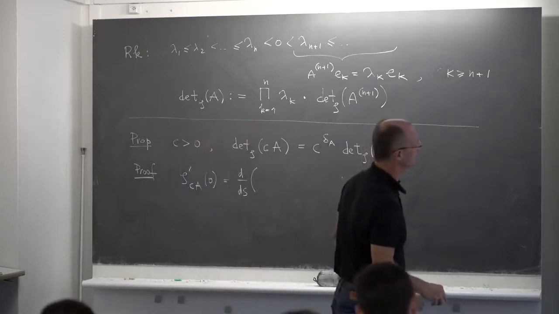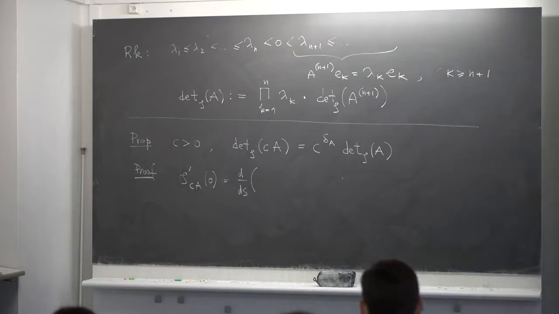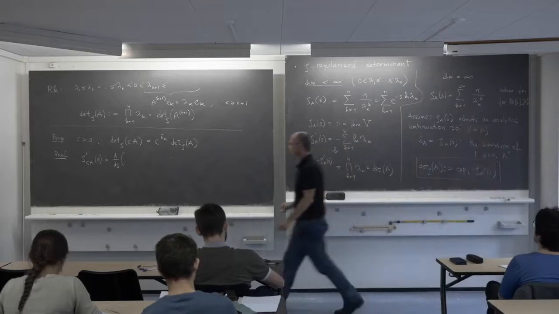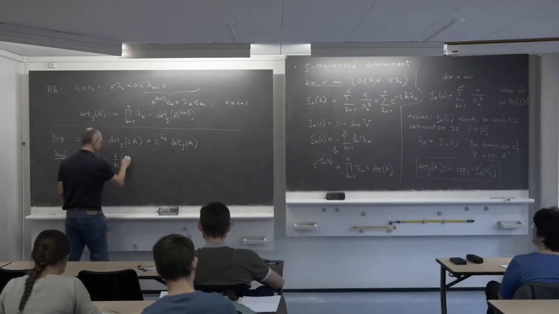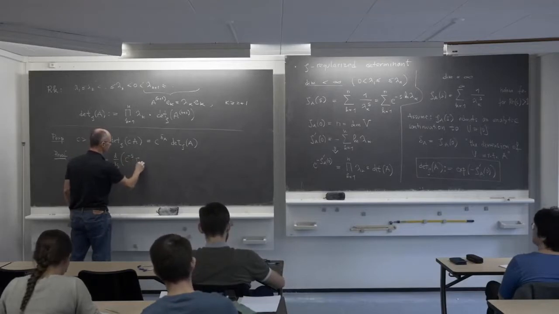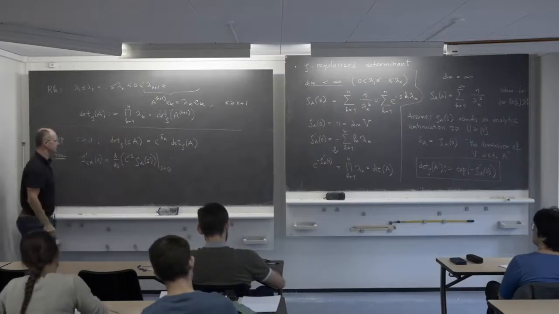And so what happens with zeta, right? When I multiply all the eigenvalues by c, I get a factor c to the power minus s, and here will be zeta A of s at s equals 0, right?